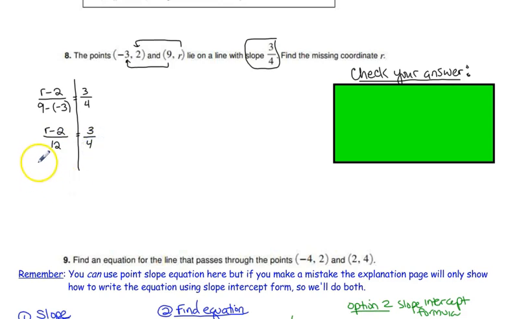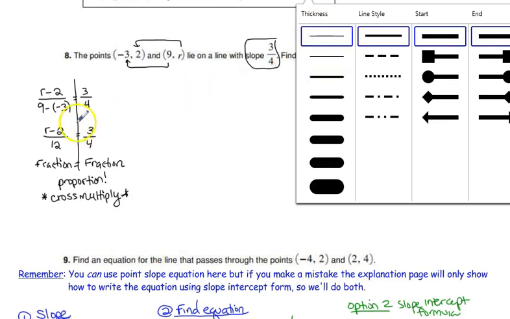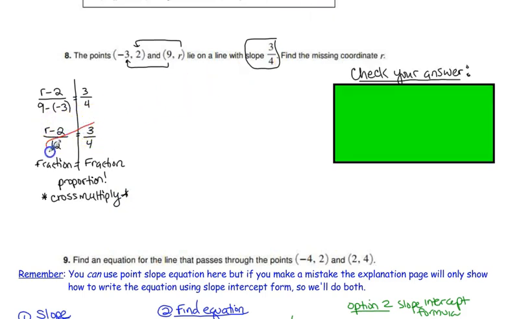So now we have a fraction equals a fraction, which means we have a proportion, which means we need to cross multiply. So we're going to do 3 times 12. And 4 times r minus 2.